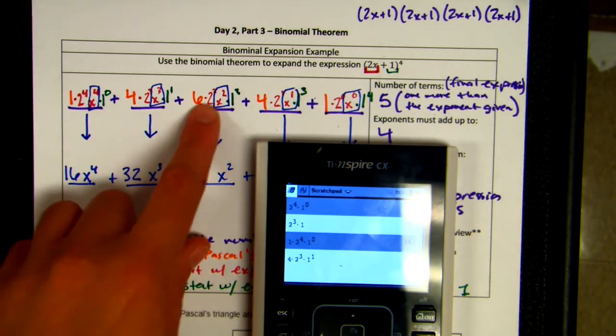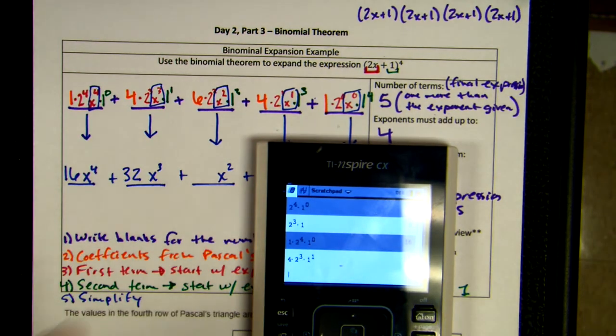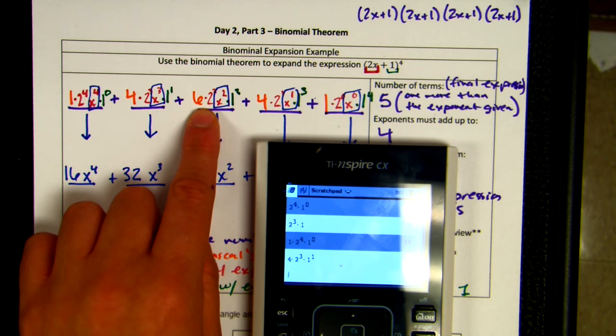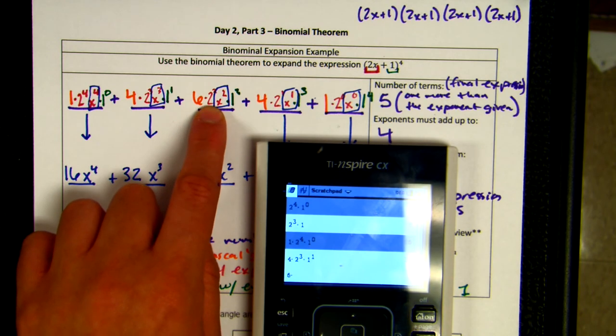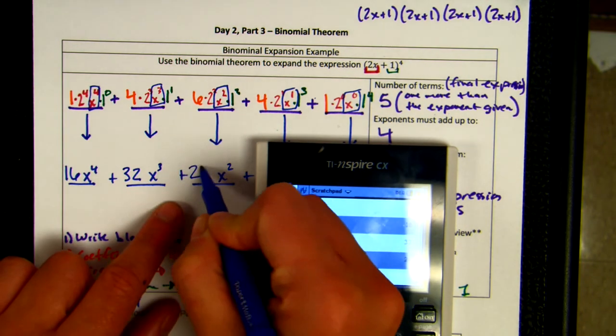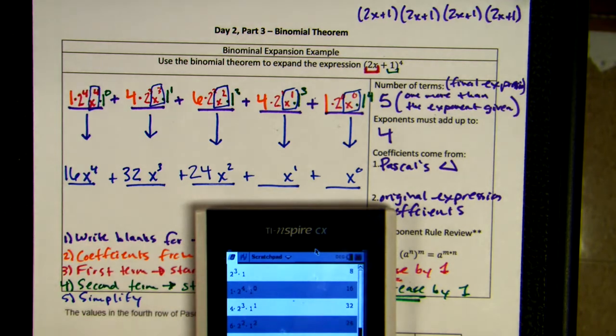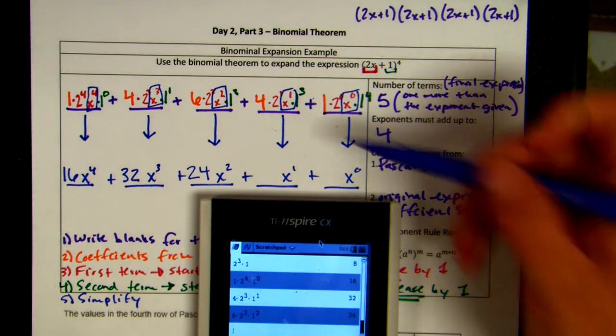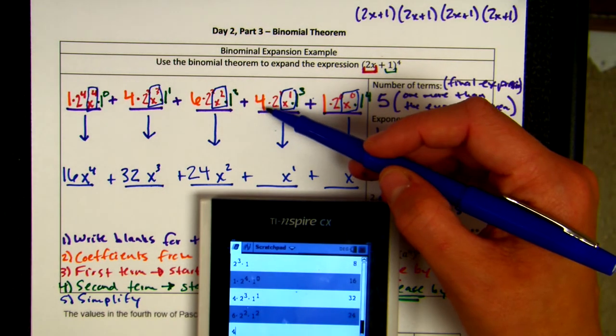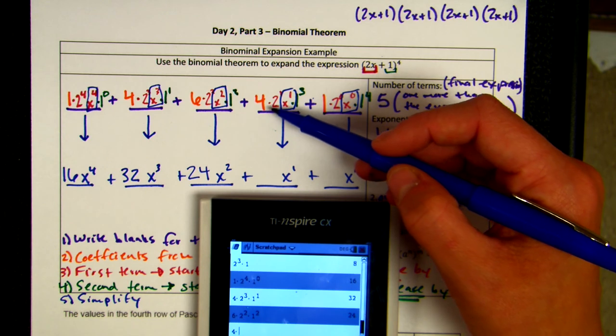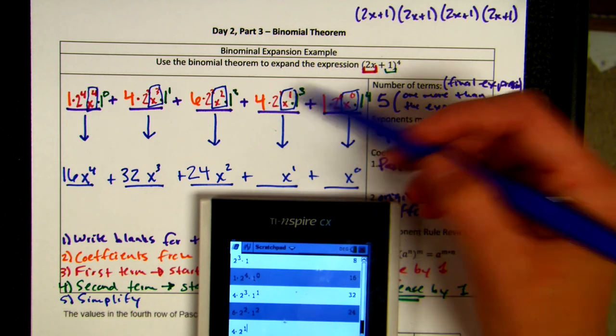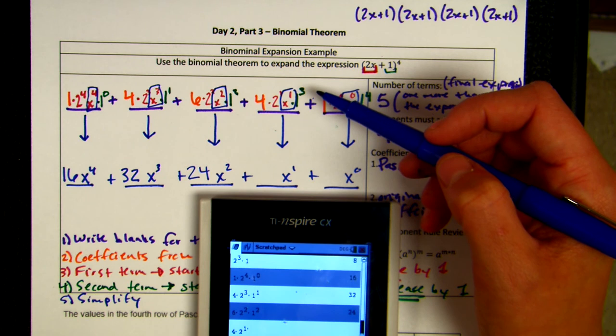Next one I'm going to do is this one here. I've already brought down my x squared, so what's left to multiply is 6 times 2 to the power of 2 times 1 to the power of 2. That gives me 24. Last two, I think you can still see my calculator. Last two, this one is 4 times 2 to the power of 1 times 1 to the power of 3.